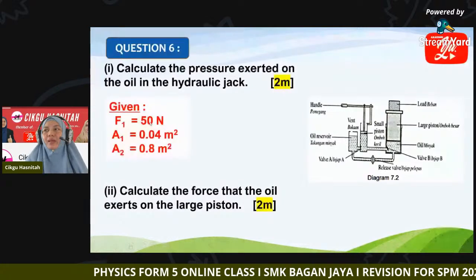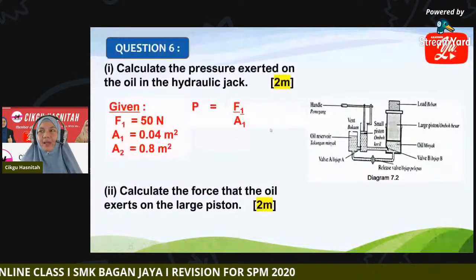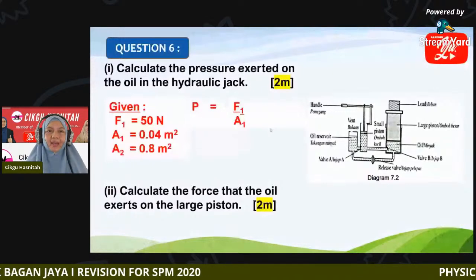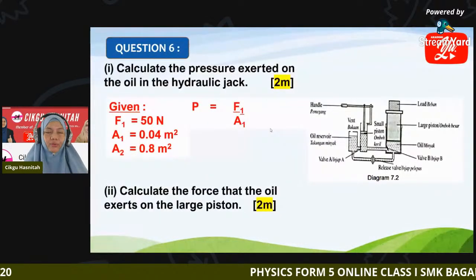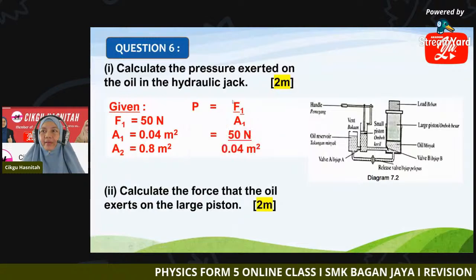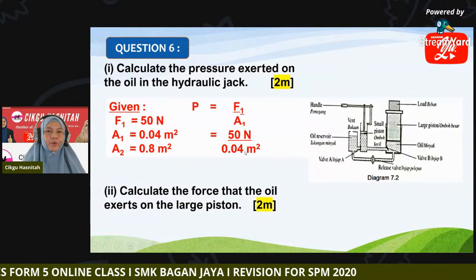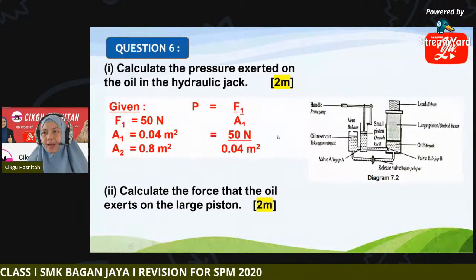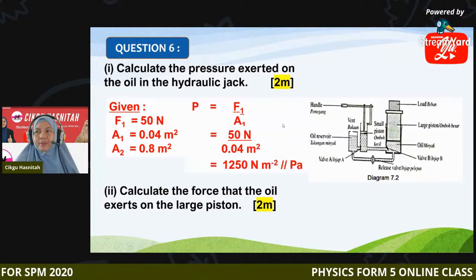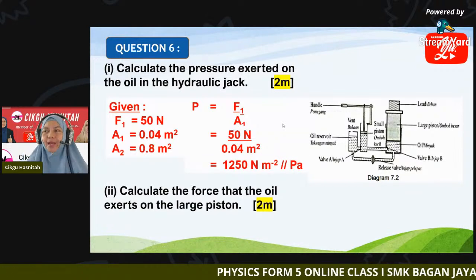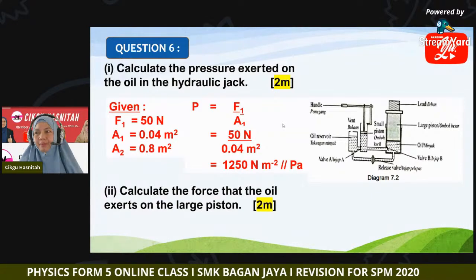We can use P equal to F divided by A, that is F1 divided by A1, since we have both. F1 is 50, A1 is 0.04. So the pressure will be 1250 Pascal, or 1250 Newton per meter square.